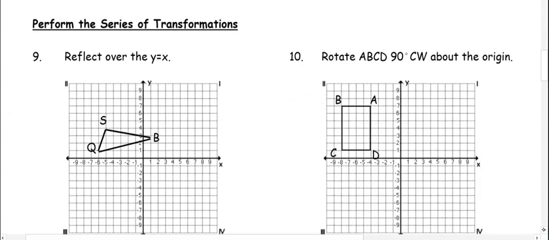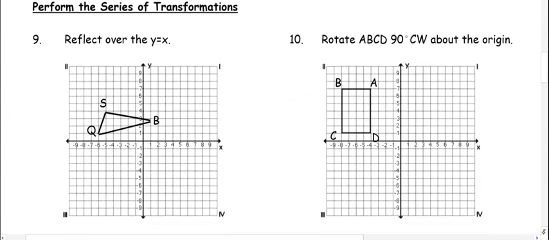Perform the series of transformations. So in number 9, we want to reflect over the y equals x line. So the y equals x line is our diagonal line. So what's going to happen here is that you are going to switch the x and the y coordinate. So if S is currently at -5, 4, the new S coordinate is going to be at 4, -5.